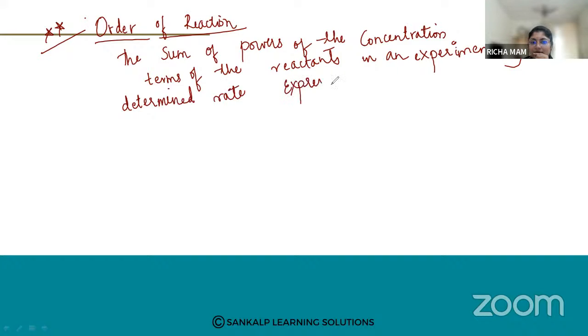So what is order of reaction? It is defined as the sum of the powers of the concentration terms of the reactants in an experimentally determined rate expression. This is the definition of order of reaction.